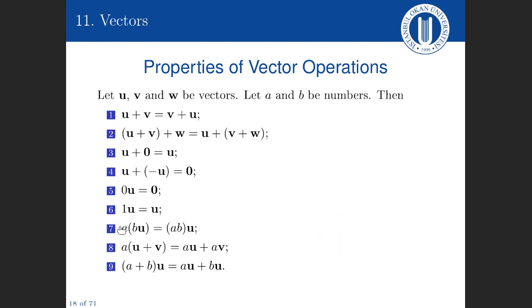Moving on, the number 1 multiplied by u is equal to u. a multiplied by bu is the same as abu. Multiply numbers and one vector together, it doesn't matter which order we do them in. a(u plus v) is the same as au plus av, as we would expect. And (a plus b) multiplied by u is au plus bu. So far, everything is as we would expect.